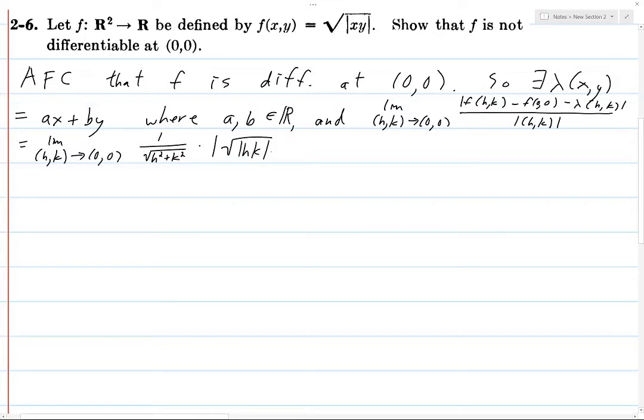We subtract f of (0, 0), which is the square root of 0, which is 0, so that drops out. Then we also subtract lambda of (h, k), so this is minus ah minus bk, and again this is equal to 0.